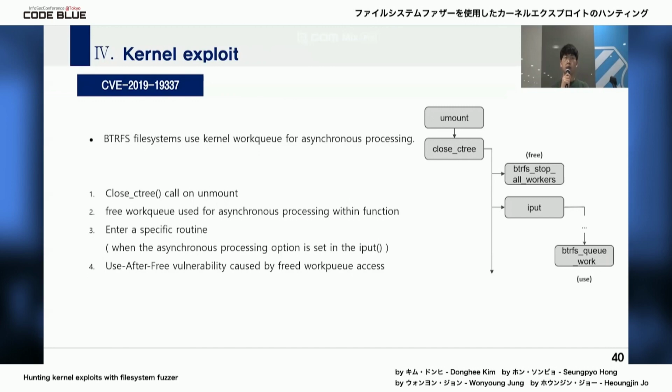However, if the async option is set in the input function called in the same close function, it enters a specific routine, and a use-after-free occurs, referring to the work queue that has already been freed.